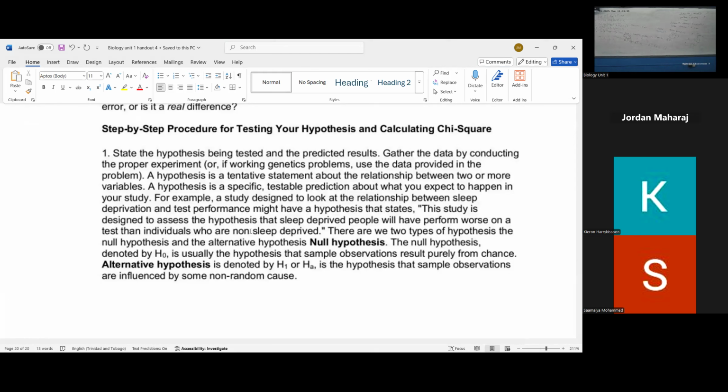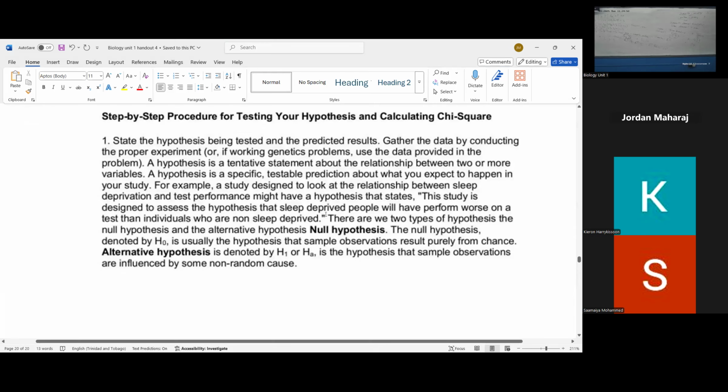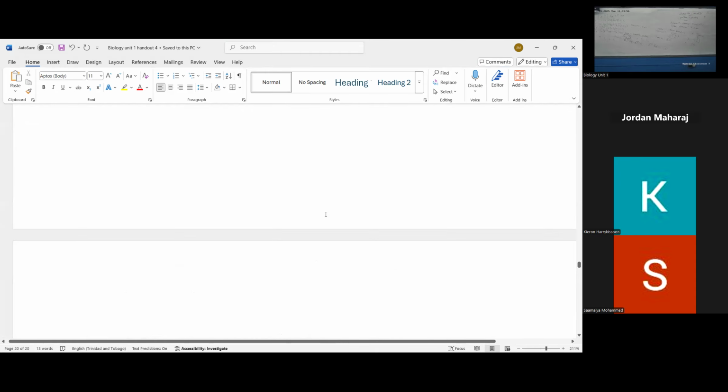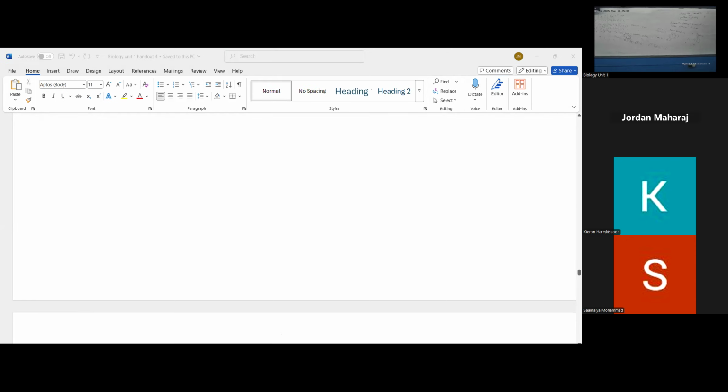The hypothesis states something and the null hypothesis goes against that, because you want to prove or disprove one of them. And that's important for the chi-square test, because when we're doing the chi-square test, we're not proving or disproving the hypothesis. We're proving or disproving the null hypothesis.